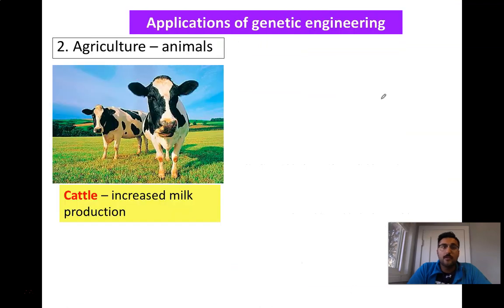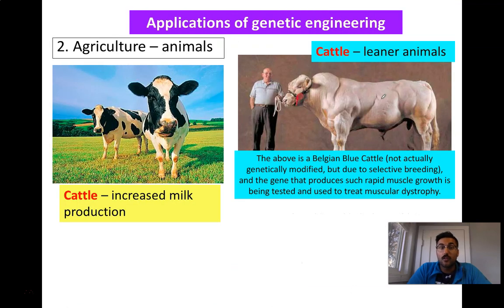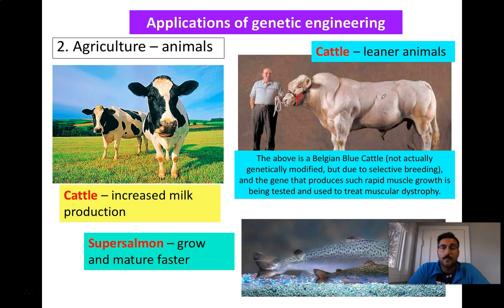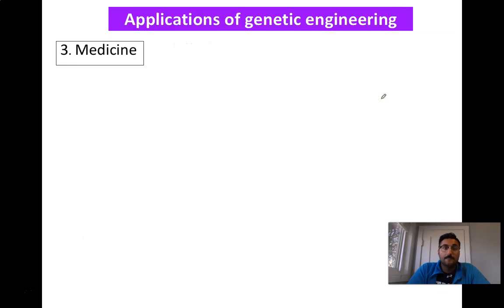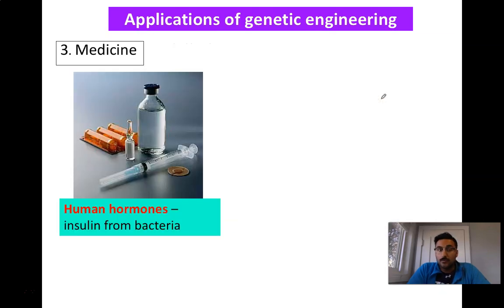Maybe we want to increase milk production or have cattle that are larger and produce more milk or more beef per cow. Maybe we can have salmon that are larger, grow faster and are less prone to disease. Maybe we want hormones that we can create artificially, through medicines, bacteria and genetic modification, rather than try to get them from humans.